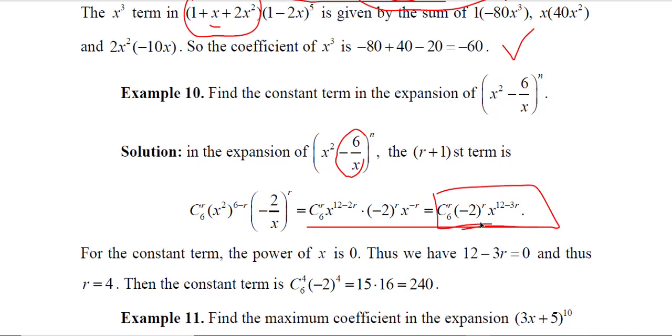So firstly, we need to find in general any r plus first term, and then we equate this power to 0, and we have r is 4. Then the coefficient of this term will be the combination 4 from 6 times minus 2 to the power of 4. After simplifying, it is 15 times 16, or 240.